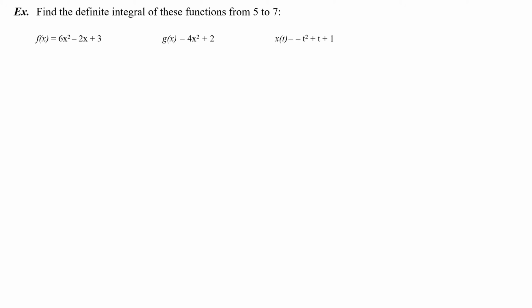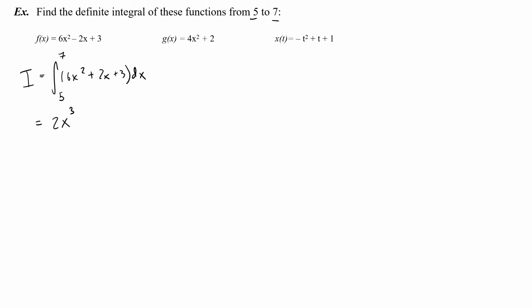Okay, here we have find the definite integral of these functions from 5 to 7. So let's start with f of x. I'm going to say I equals, and then summa 6x squared plus 2x plus 3 dx. And I'm evaluating from 5 to 7, so 7 is my upper bound, and 5 is my lower bound. Okay, then I'll take the antiderivative, x cubed. 6 over 3 is 2.